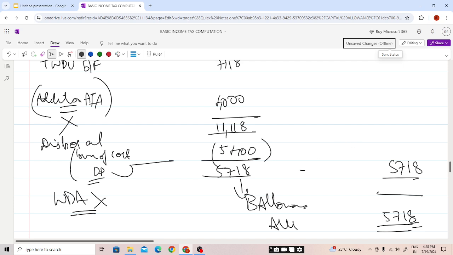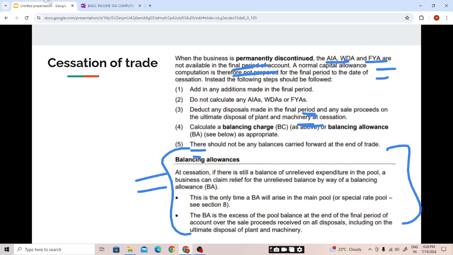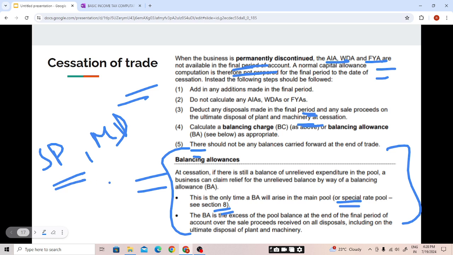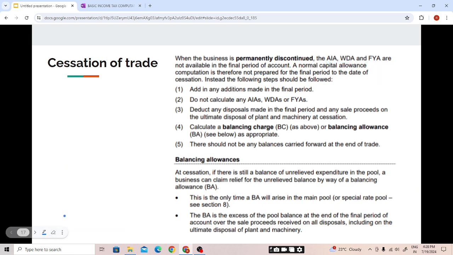But here we have a balancing allowance, and a balancing allowance only arises on cessation in the case of the special pool and main pool. I hope this is clear, students.